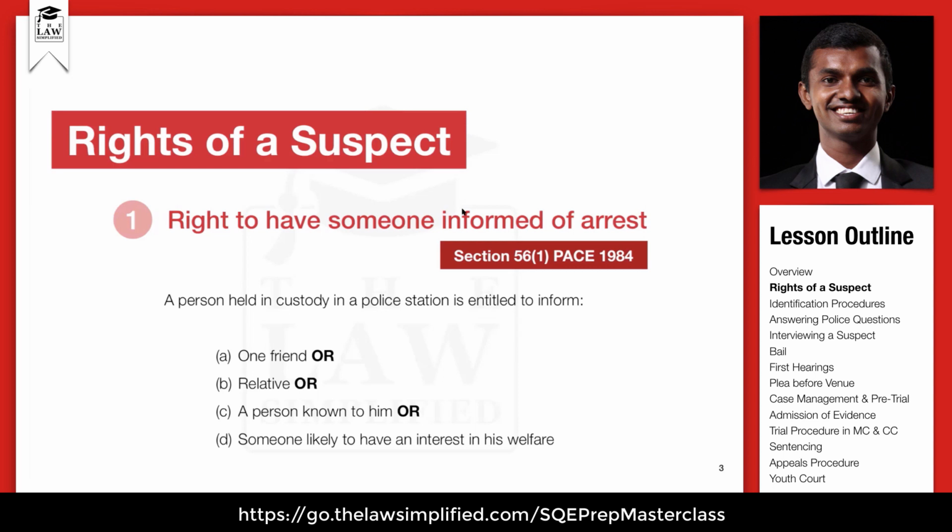Essentially, a police officer is unable to arrest an individual unless a particular threshold of suspicion has been passed, unless there is some evidence that has been procured by the police officer or the investigating officer that suggests that this individual has done something.